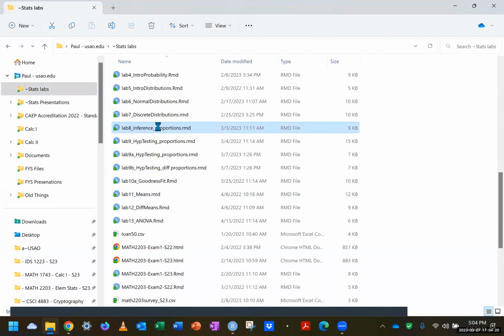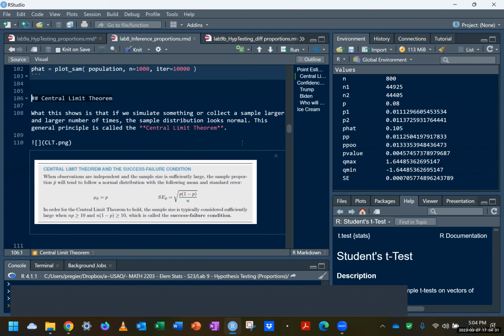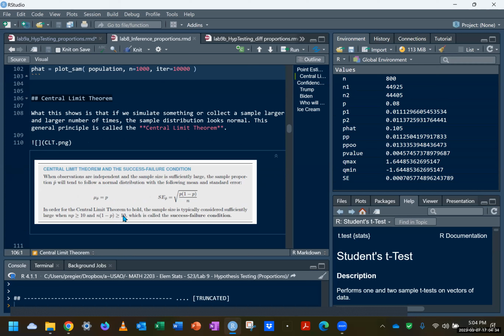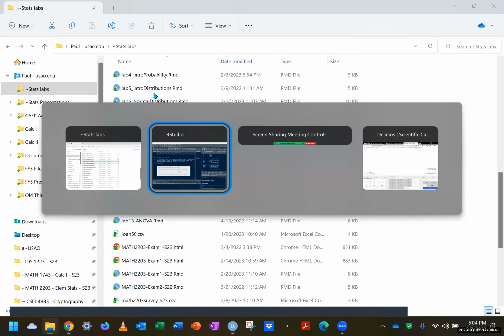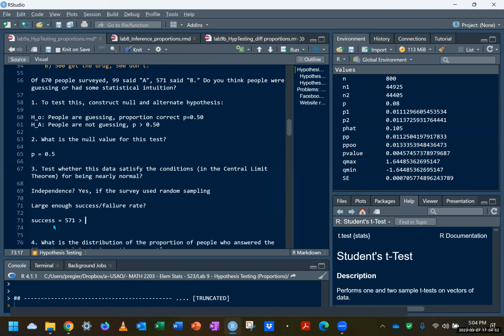So what does our actual central limit theorem say? Here we go. Central limit theorem, we always have to go back to it. It says the sample size is sufficiently large so that we have 10 successes and 10 failures. Okay, so we're going to look at the sample. That answers my question. So we want to say, is there a large enough success and failure count? Well, successes would be people answering correctly. There were 571. Well, that's greater than 10. That's good.